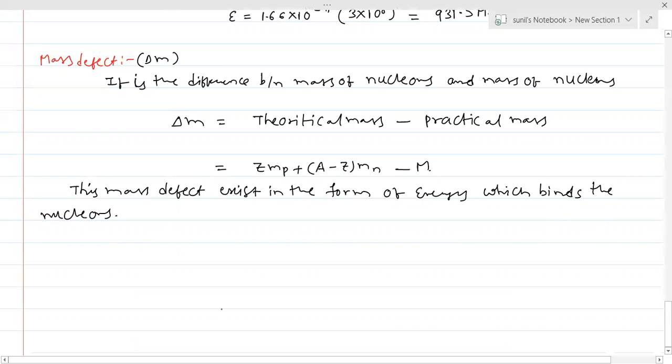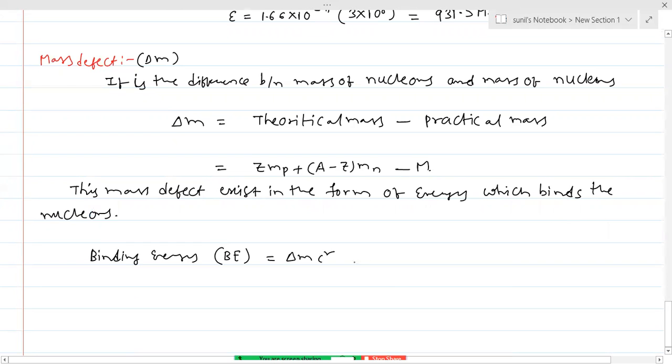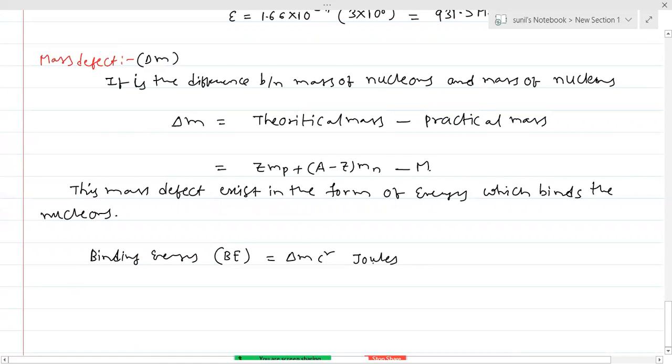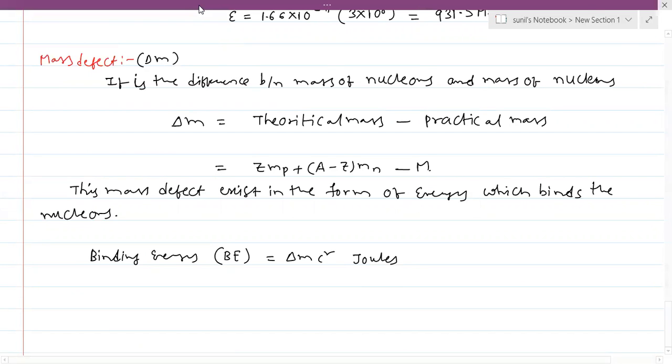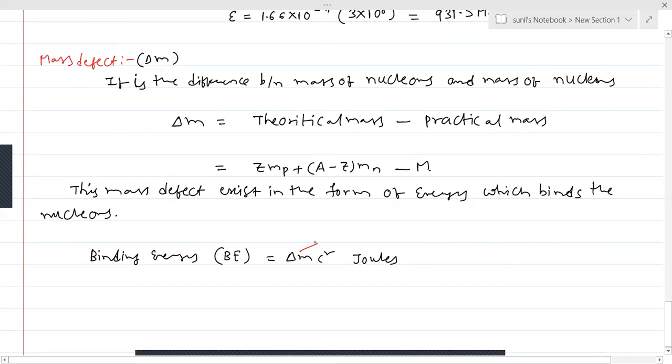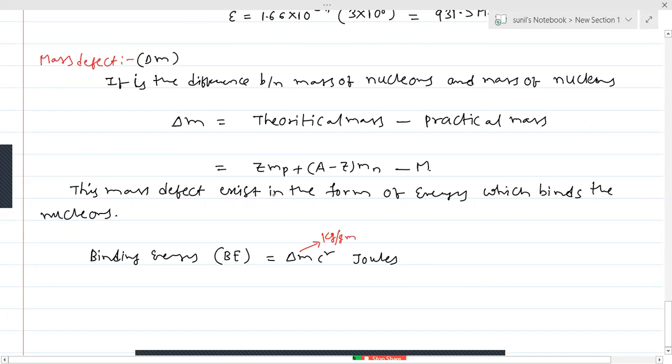So that's why we say this is the definition of binding energy. Binding energy B is equivalent to delta M into C square, in joules. Whenever you are interested to express the binding energy in joules, we will use delta M C square, where delta M should be in kilograms or grams.